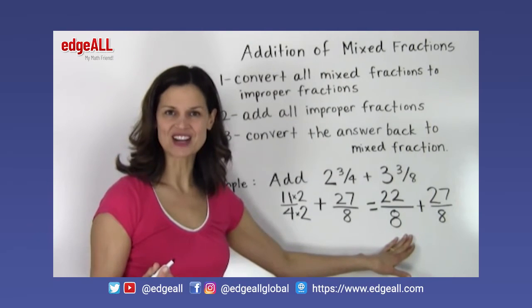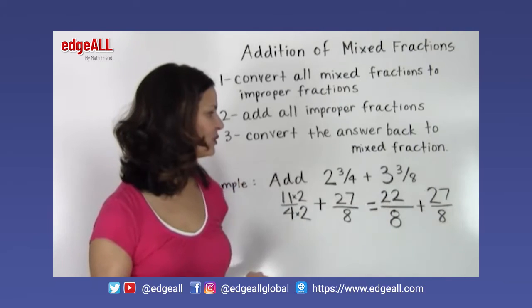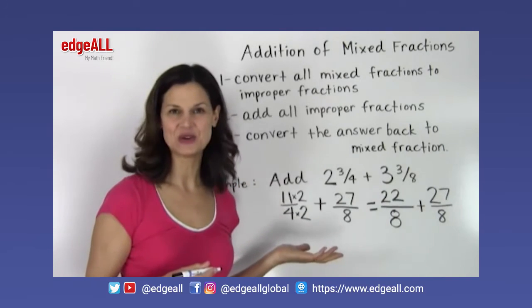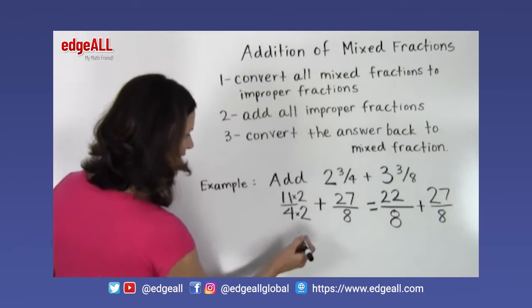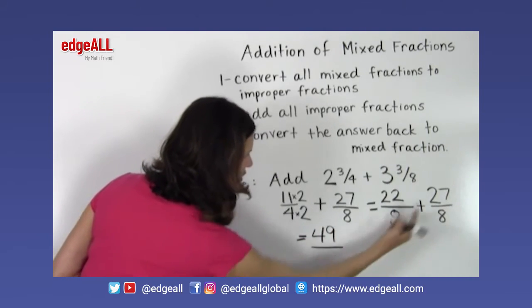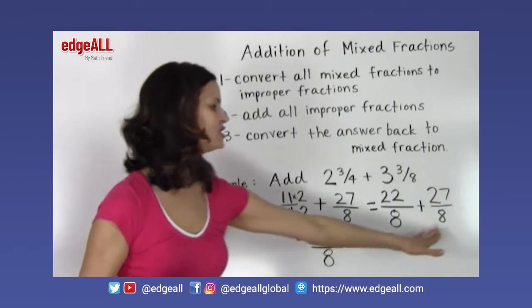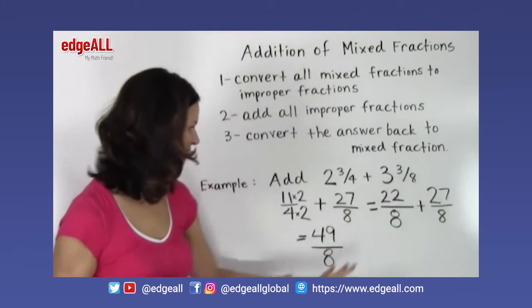Adding two fractions with like denominators, I simply add their numerators together. 22 plus 27 equals 49. So I'm at 49 in my numerator, and I leave the denominator the same when I have two common denominators that I'm adding together.